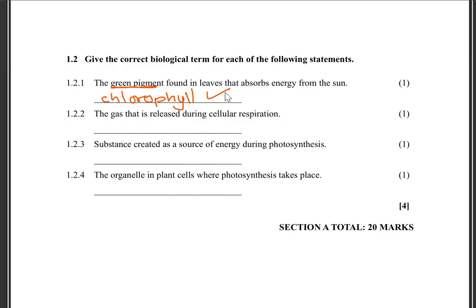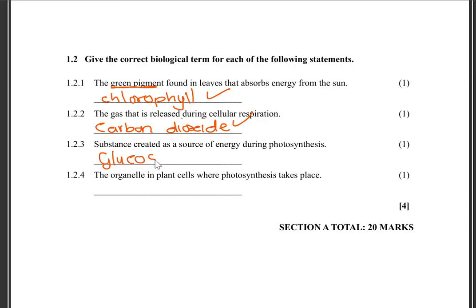Okay, so that's easy. The gas that is released during cellular respiration. That is easy, guys. The gas that is released during cellular respiration is obviously carbon dioxide and not oxygen. Oxygen is released during photosynthesis. Carbon dioxide is released during cellular respiration. 1.2.3, a substance created as a source of energy during photosynthesis.